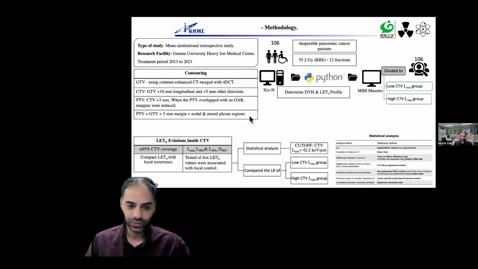Then they used XiO to evaluate both dose volume histogram and dose average LET profile. The dose average LET profile parameters inside the target volume were calculated by an in-house pipeline using Python, focusing especially inside the clinical target volume.